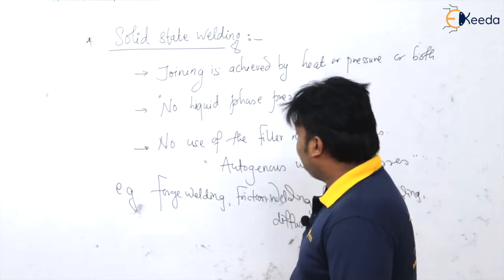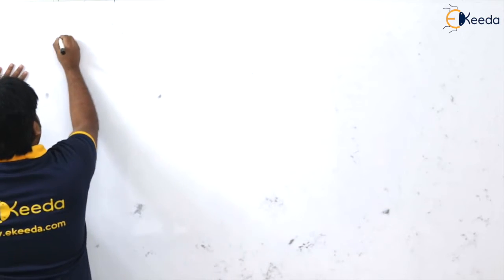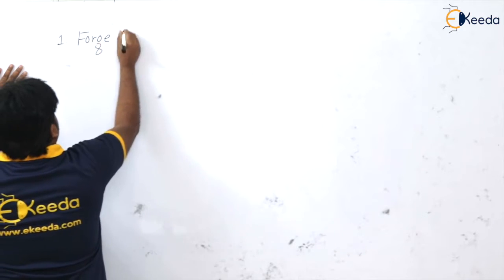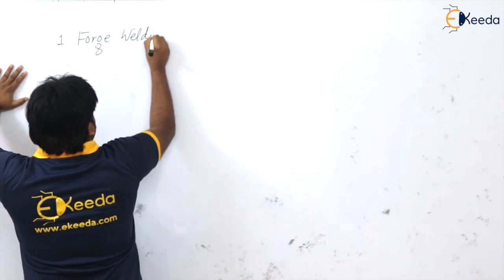We will start with forge welding. The first solid state welding process that we are going to see is forge welding.